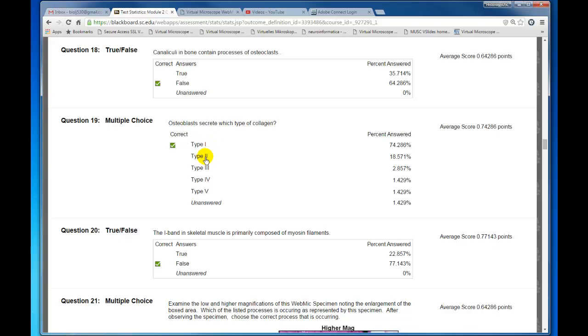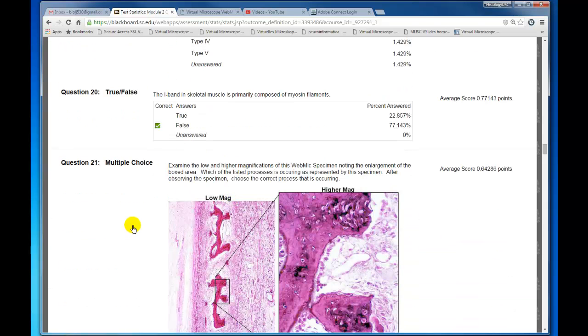And chondroblasts and chondrocytes that may be forming within the body of the cartilage will produce type 2. And type 3 is in reticular fibers, and type 4 is found in the basement membrane, etc. So review those collagen types and where they're found and which cells make them.